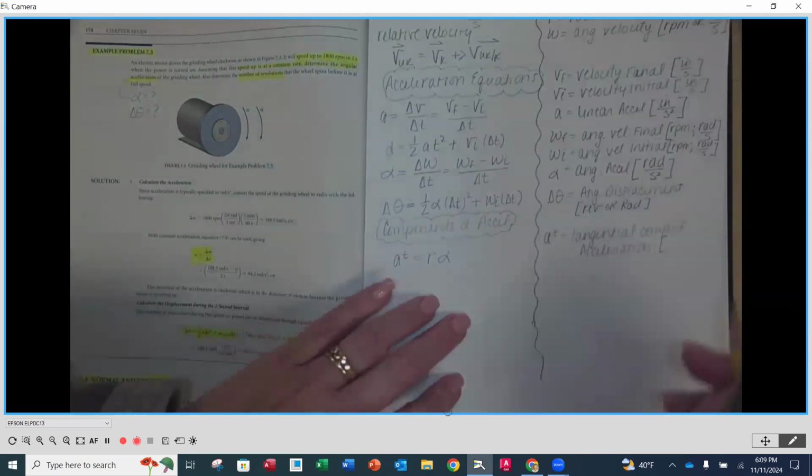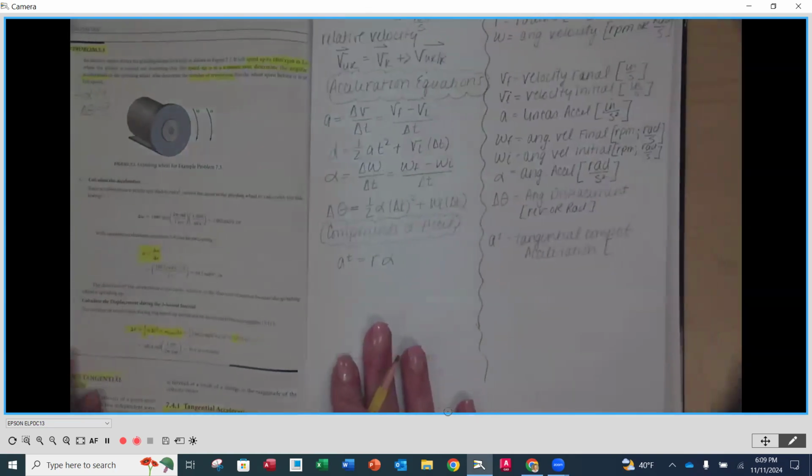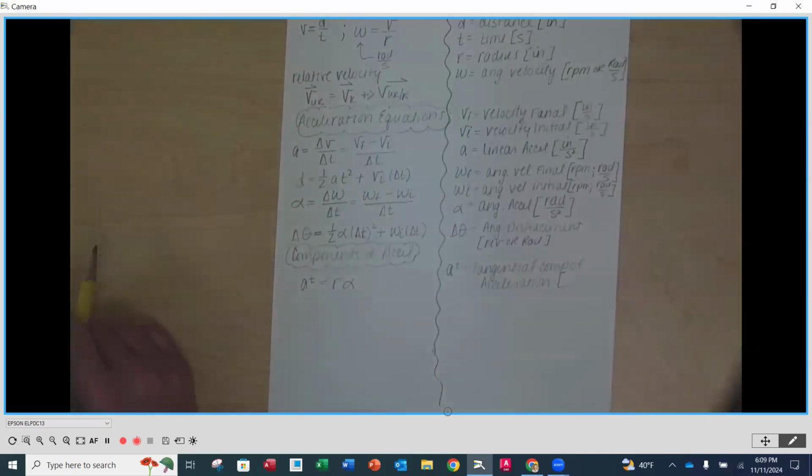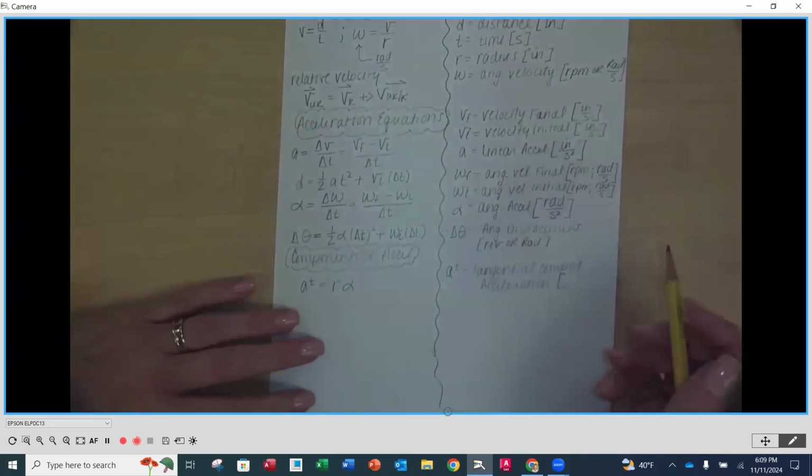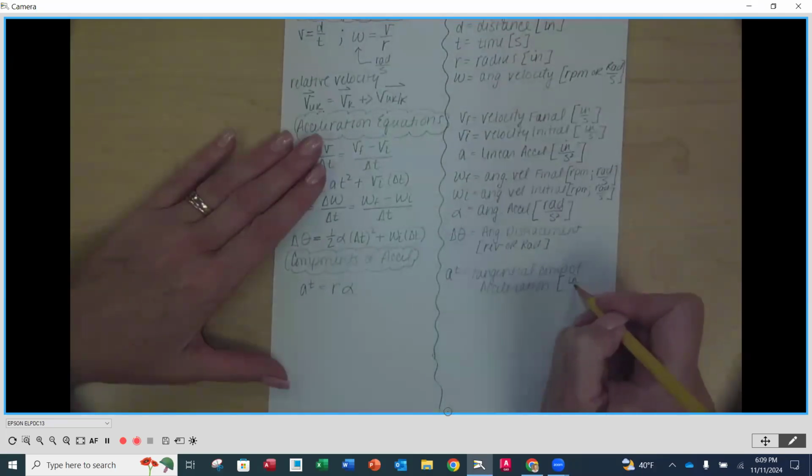Okay. Now, since it's a component of acceleration, it's going to have the same units as regular acceleration. Sorry, this is the component of the straight line acceleration. So we go back up to linear acceleration. Our units are going to be inches per second squared. Okay.